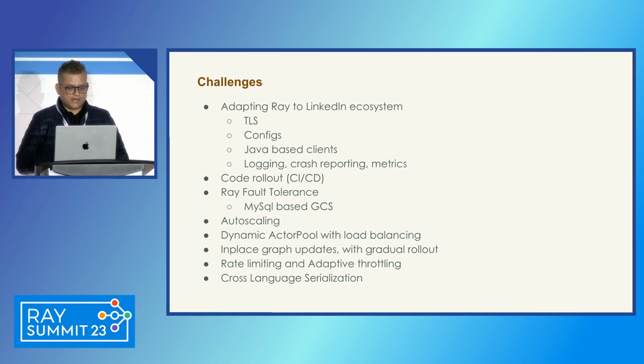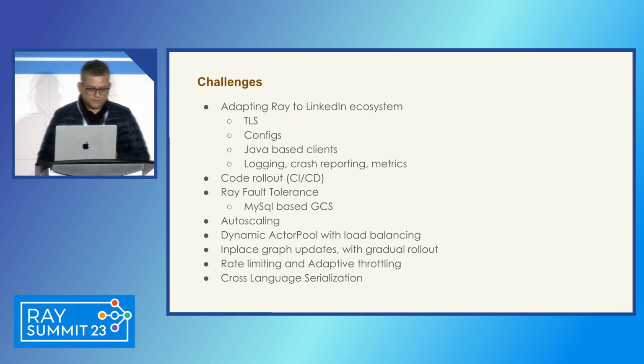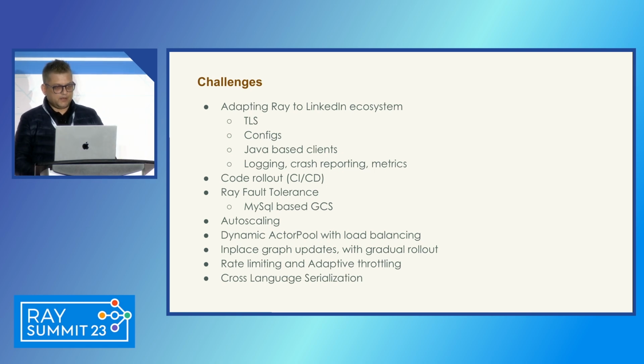Autoscaling and dynamic actor pooling is another thing that we're looking at. So basically, we want to see if we can build actor pooling in a way that it can be shared across multiple deployments, and you could have more advanced routing between them. We're also looking at in-place graph updates, and rate limiting is another thing that we're looking at.